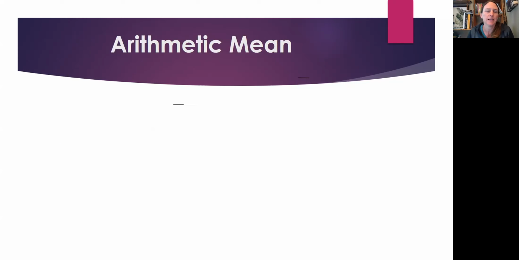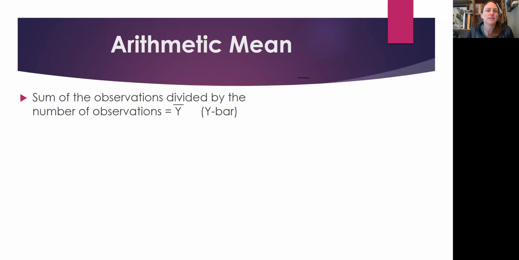Okay, so the arithmetic mean. This is something that you've probably seen before, but I'm going to walk through it using kind of statistical language. So the sum of all of the observations in a data set divided by the number of observations in the data set, we call that y bar, or the sample mean.